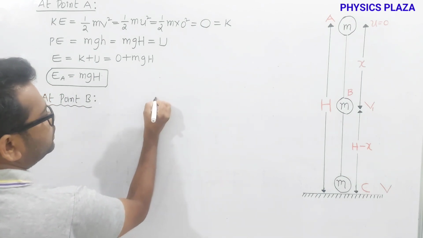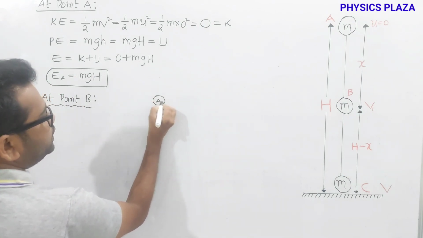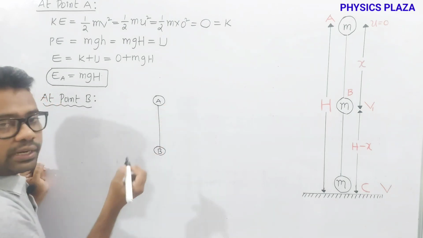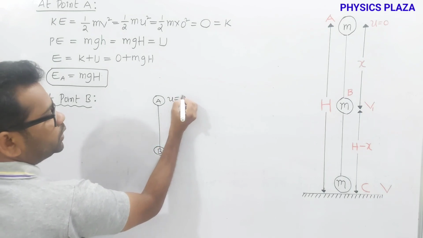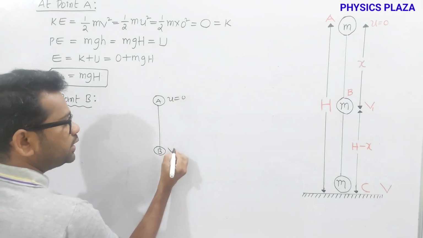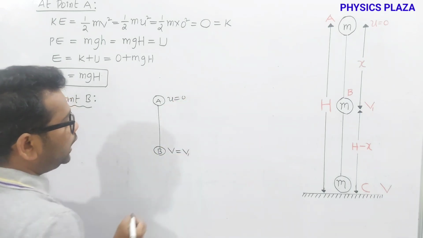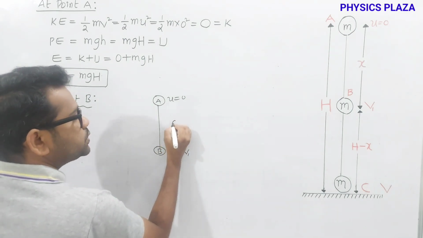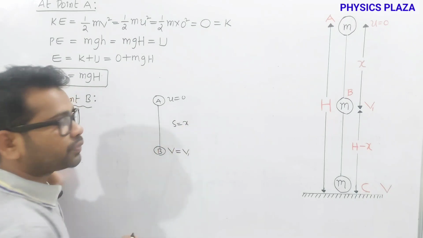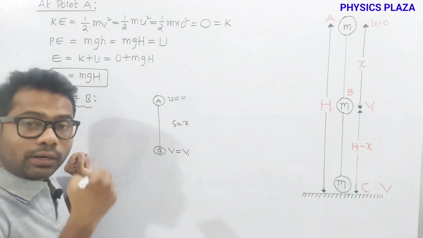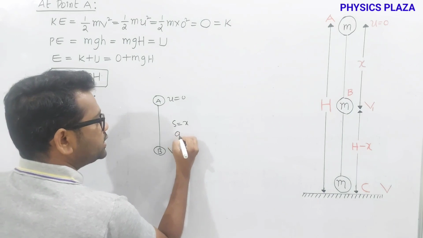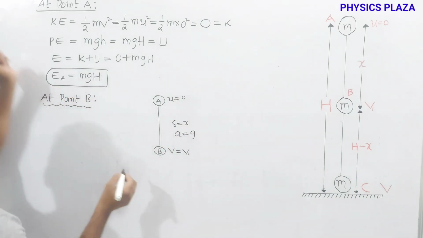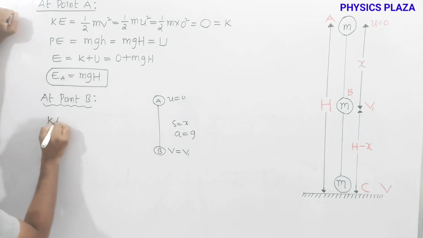At point A, the initial velocity is 0, but at point B its velocity will be v1, and from point A to point B the distance covered is x, so s is equal to x. Whenever a body is traveling under the action of gravity, a is taken as g, in the downward direction.